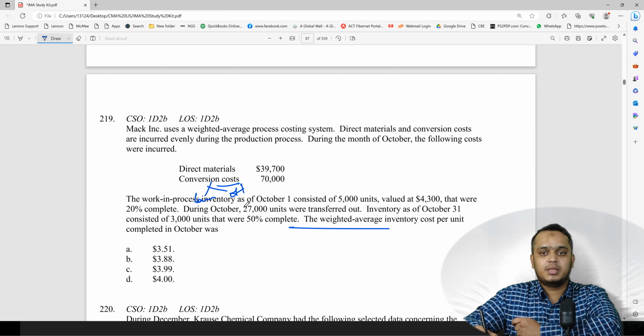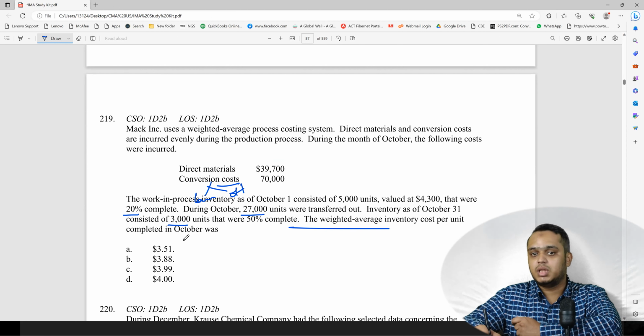The work in progress as of October 1 consisted of 5,000 units valued at 4,300 that were 20% complete. During October, 27,000 units were transferred out. Inventory as of October 31st is 3,000, which is 50% complete.